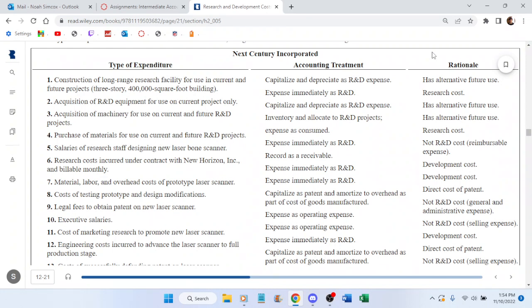This is a very nice table, actually. Acquisition of R&D equipment, for use on current project only: capitalize. What? It says has a... Oh, never mind.